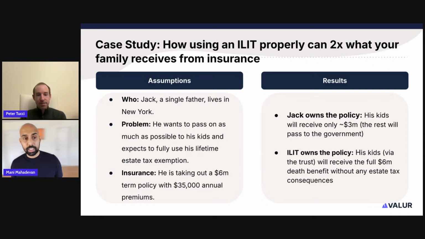Yeah, and this is really the value of using the ILIT to get outside of your estate, and then using those annual exclusions. It may seem small whether you put it in the ILIT or not, but it really does add up over time. With almost everything financial, it comes down to compounding, and these things do compound to a really significant, in this case, $3 million or 2x difference.